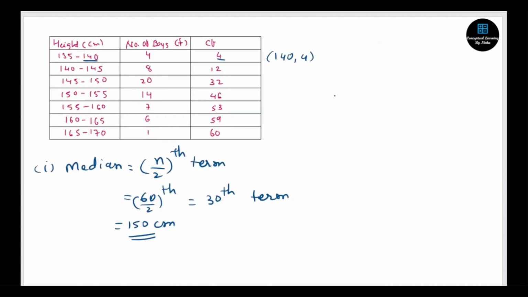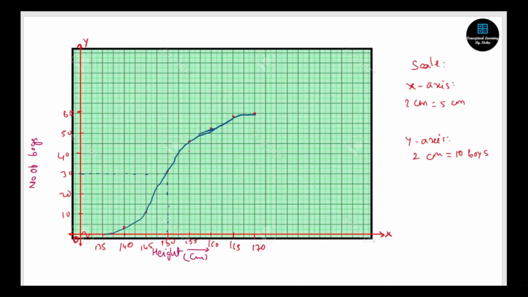So lower quartile is nothing but Q1 value. Q1 is nothing but n over 4th term. Correct? So 60 upon 4, which is 15th term. Alright. Now from the graph, what we can see, 15th term is just between these two.